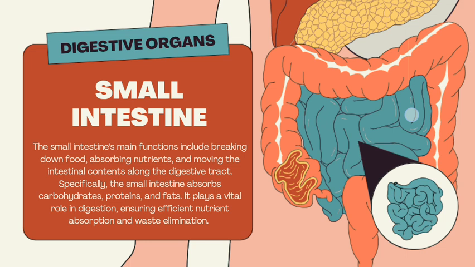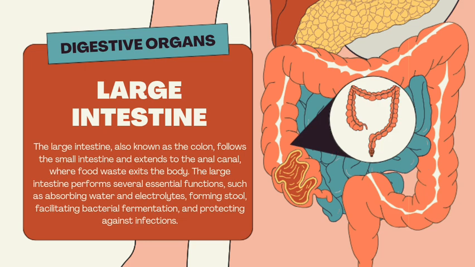So the large intestine, also known as the colon, is shorter, but a wider tube that absorbs water and electrolytes from remaining waste material. And it follows the small intestine and extends to the anal canal where food waste exits the body.